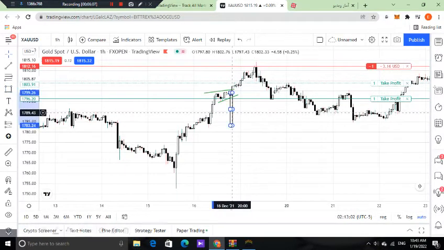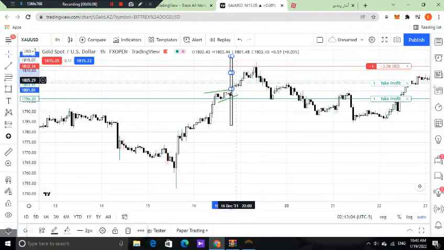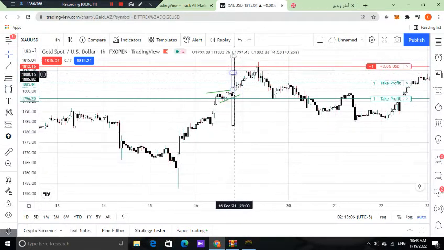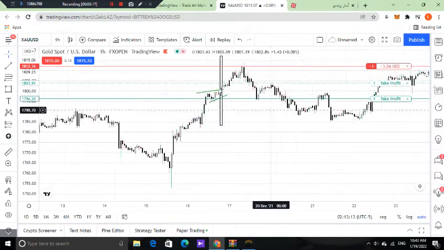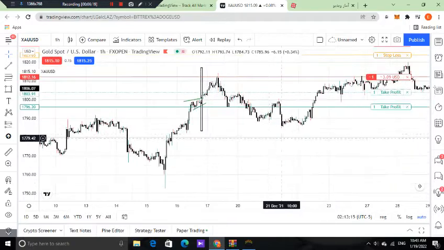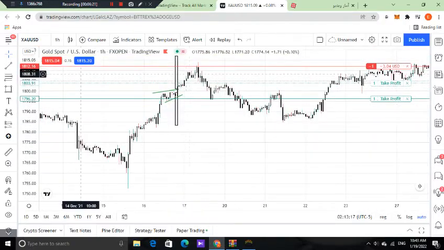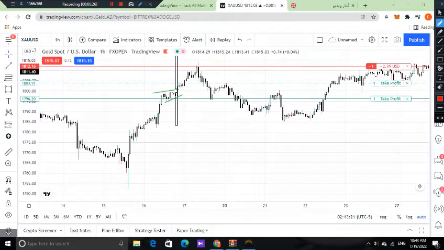I don't know. Okay, it didn't, and the second leg is not as high, it's not equal to the first one, and then we had this trend reversal, as you can see. So this one is a flag, we still call it a flag, but it's a final flag.